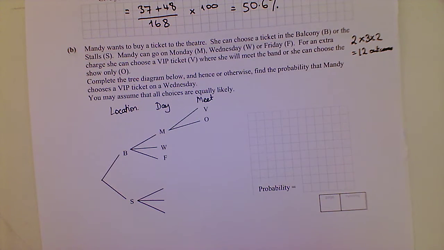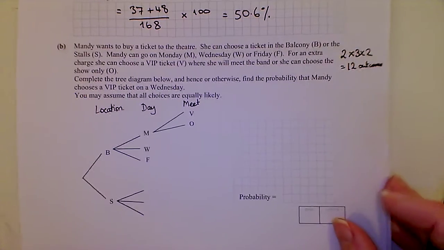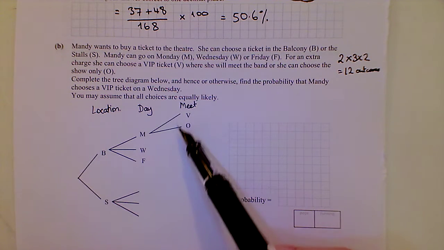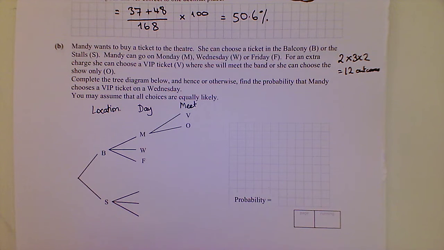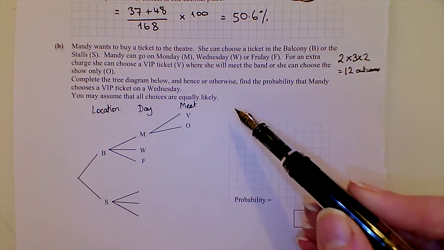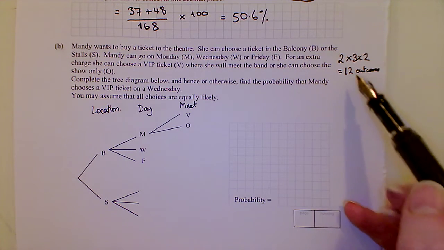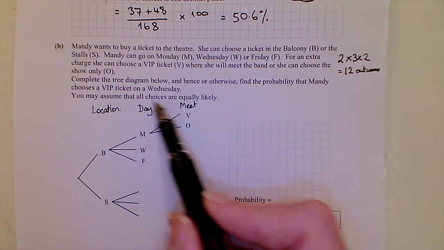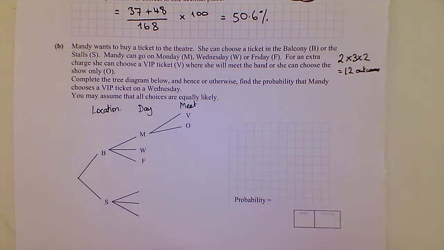Now, they want us to complete the tree diagram, and we can assume that all outcomes are equally likely, which means we don't have to write the probabilities over the branches. When we list our outcomes at the end, there'll be 1 in 12 for each of those, because they said that all choices are equally likely.